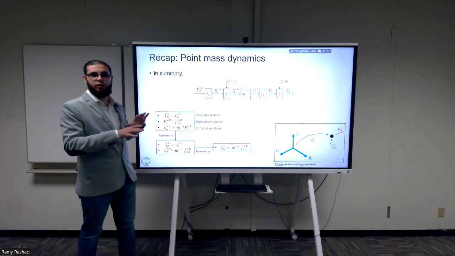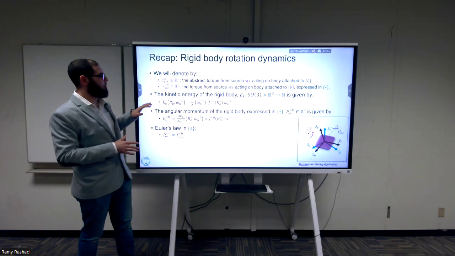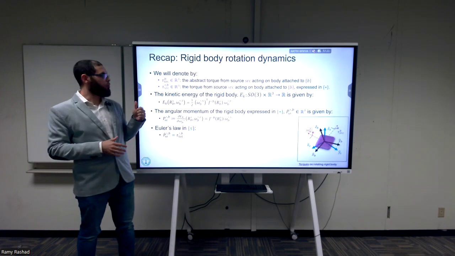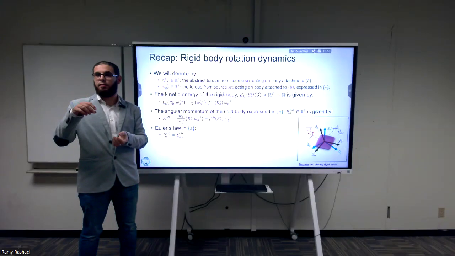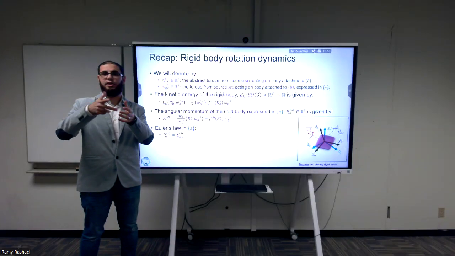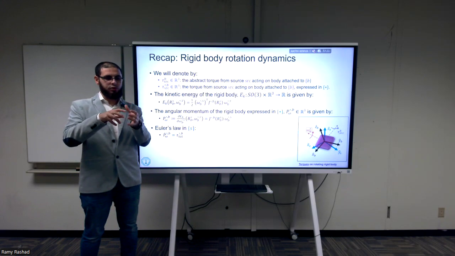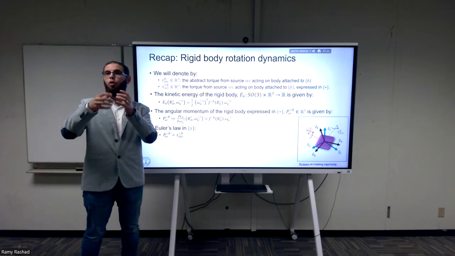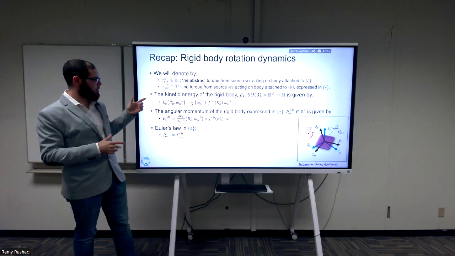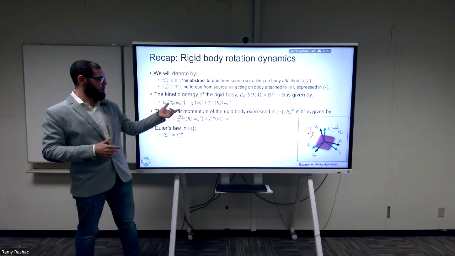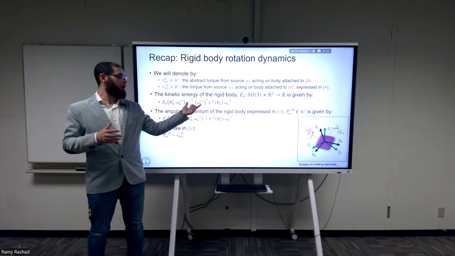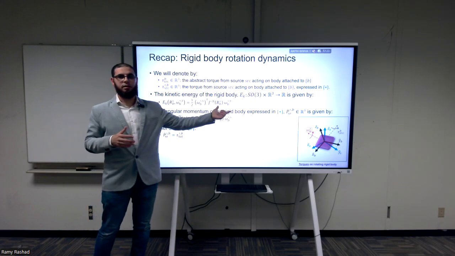Going from positions to rotations, things get a little bit nasty. We introduce the torques, which are again a 3-vector that applies in 3 directions, some sort of torque or moment that generates this motion. Then we have the kinetic energy, which is also half omega transpose J omega.